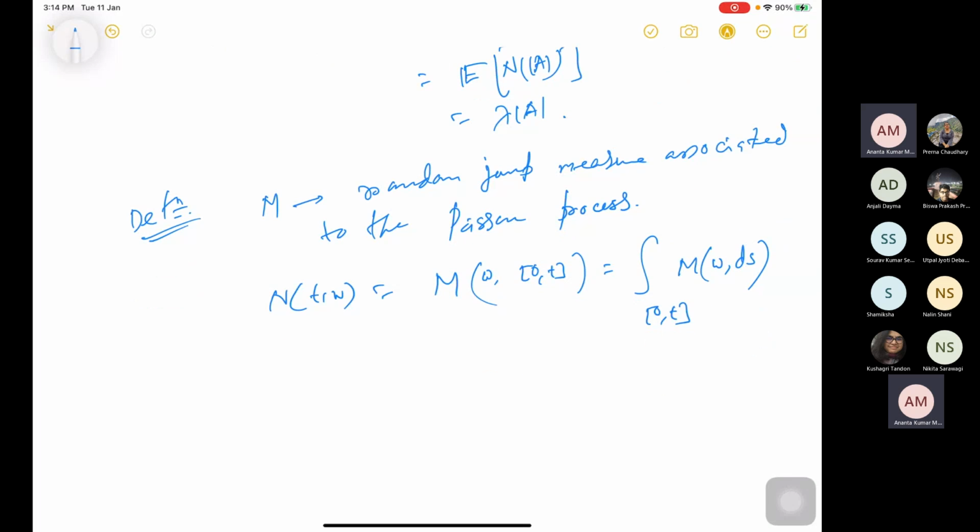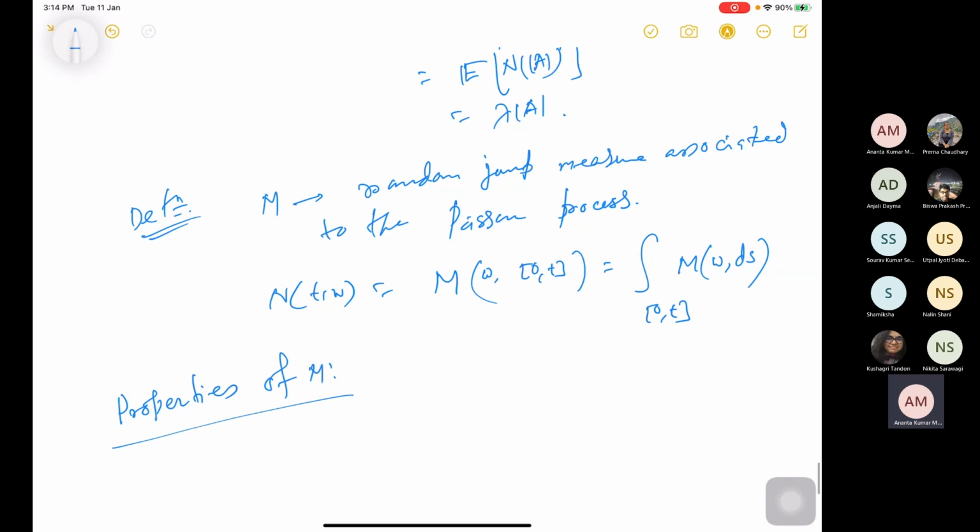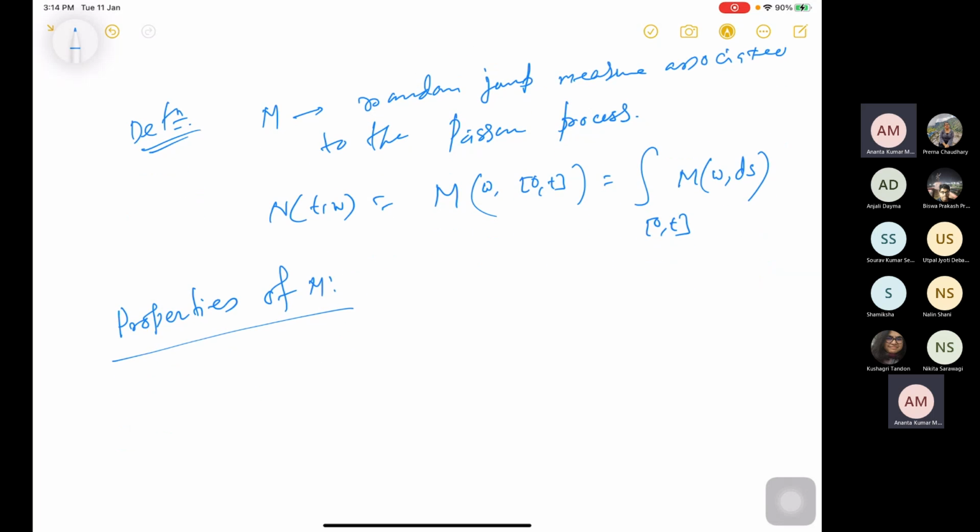So now some properties of M. If you consider two disjoint intervals, say tj prime and tk prime, then if you look at M of this interval and M of that interval, they are independent random variables.